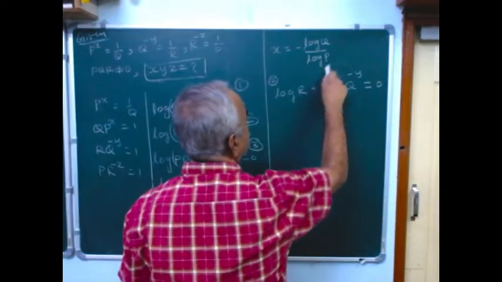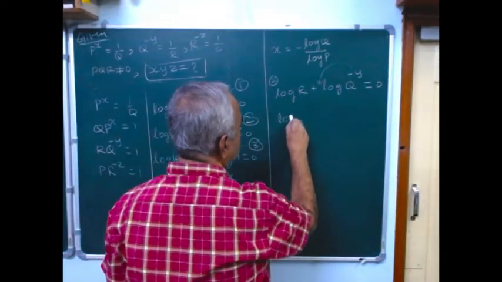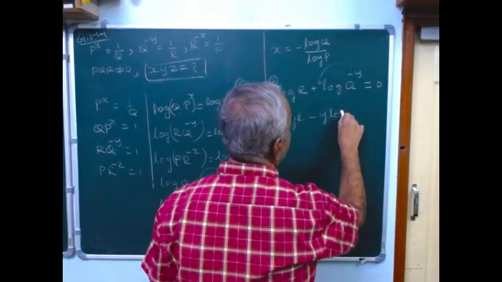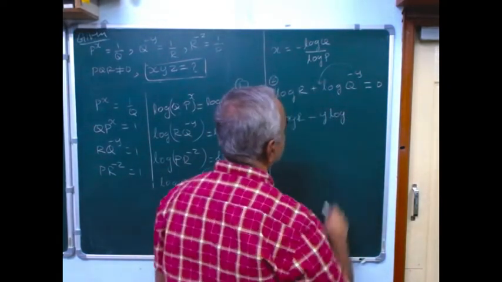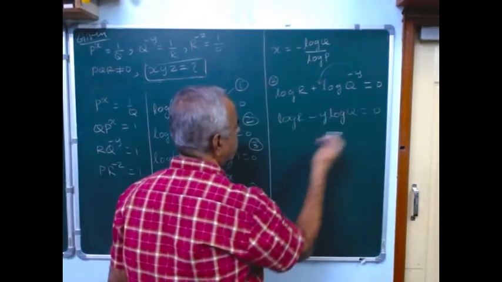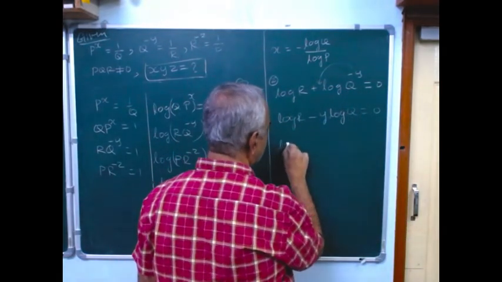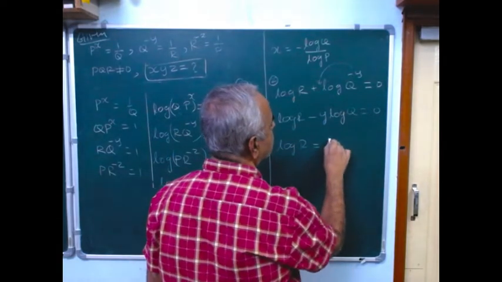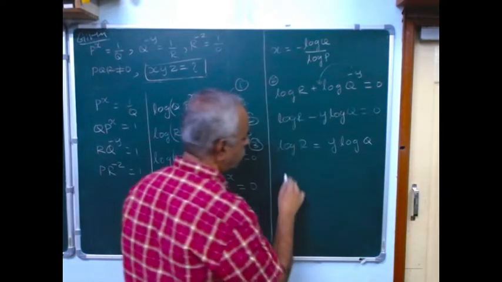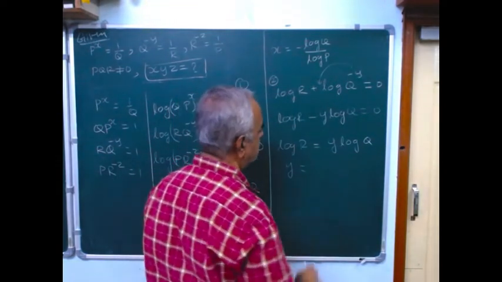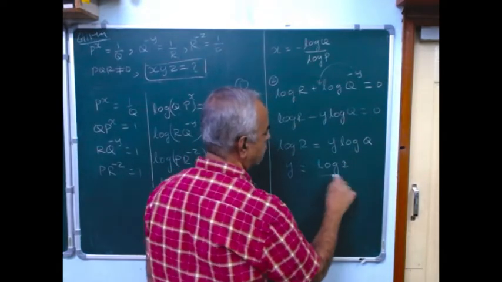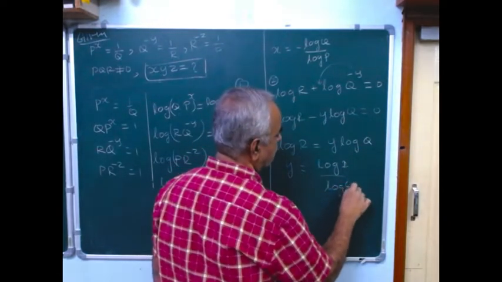Now you can apply the power rule here, therefore log r minus y into log q is equal to 0. So we can bring this y to the other side, therefore log r is equal to y log q. Therefore y, we want to isolate y, log r, it goes to the denominator, log q.